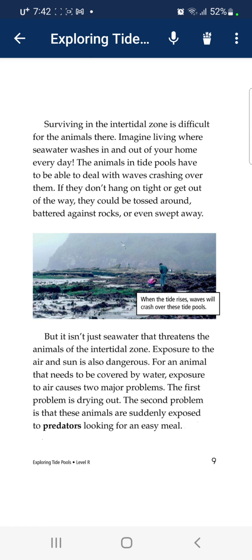Exposure to air causes two major problems. The first problem is drying out. The second problem is that these animals are suddenly exposed to predators looking for an easy meal.